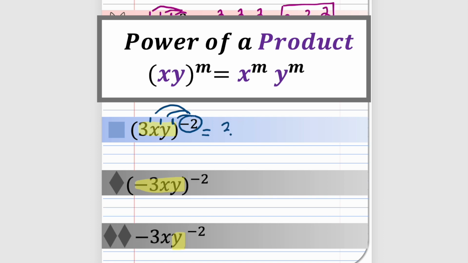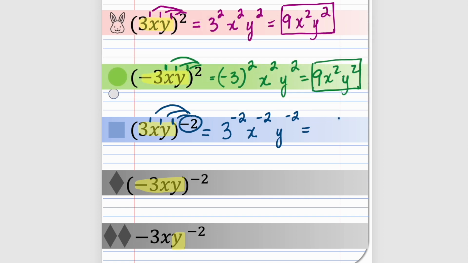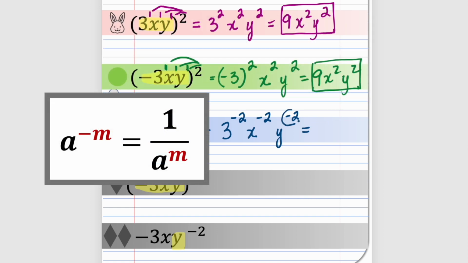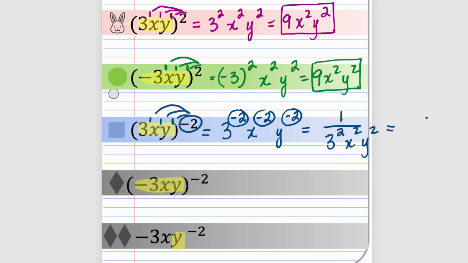We would have 3 to the 1 times negative 2, which is 3 to the negative 2, x to the 1 times negative 2, and y to the 1 times negative 2, which results in applying the negative exponent law to each one of these. We'd get 1 over 3 squared, x squared, y squared, which is 1 over 9, x squared, y squared.